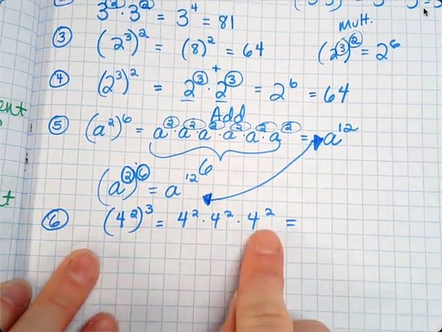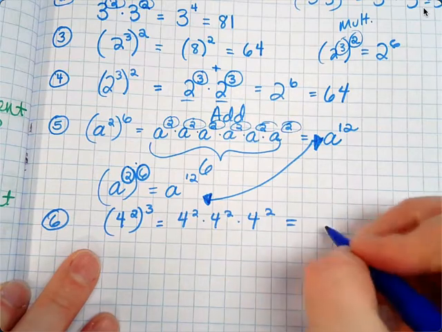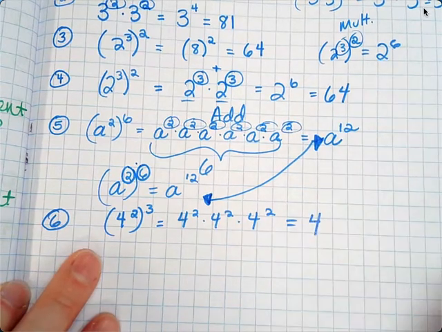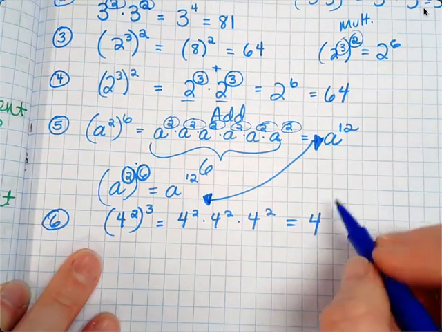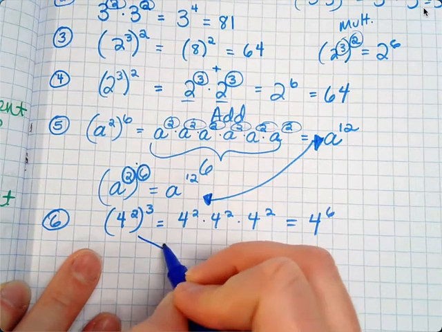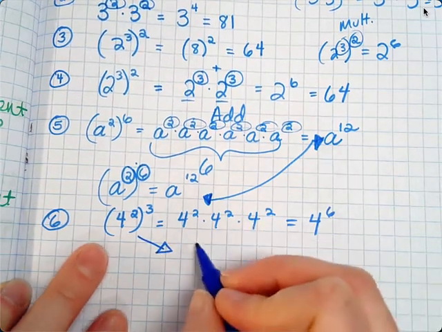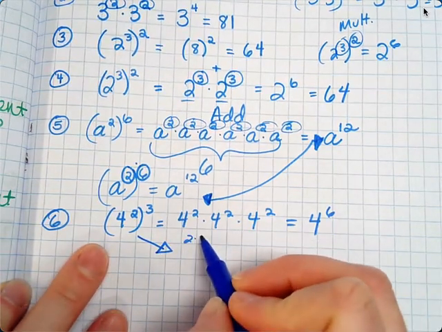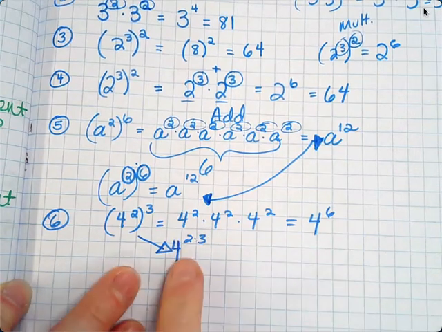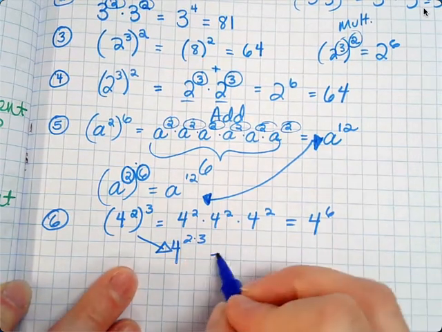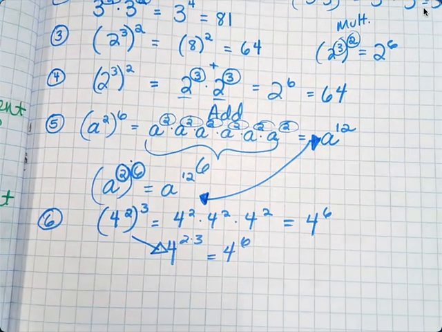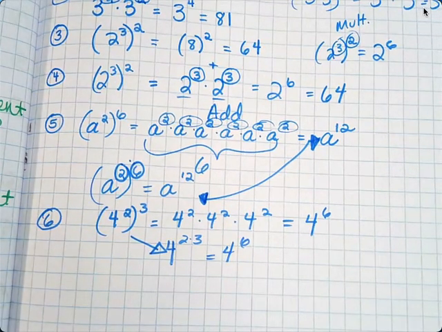So that is 3 times. So what is the exponent of 4? 6. So I could have just done 2 times the 3, 4 to the 2 times the 3, which gives us 4 to the 6. Sorry, I said the wrong thing.